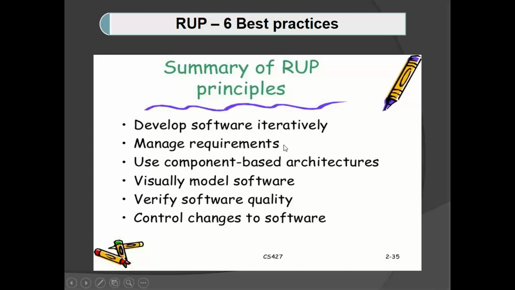Then next one is manage requirements. So manage requirements is nothing but based on the importance of the requirements, we are going to categorize like whether it is essential or core requirements, whether it is desirable or beneficial, whether they are kept under optional. So in this way, we are going to categorize the requirements. Okay. Then use component based architecture.